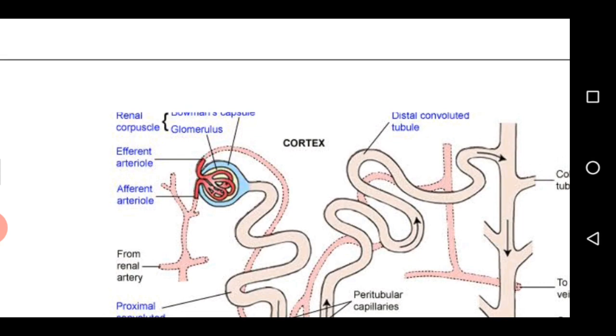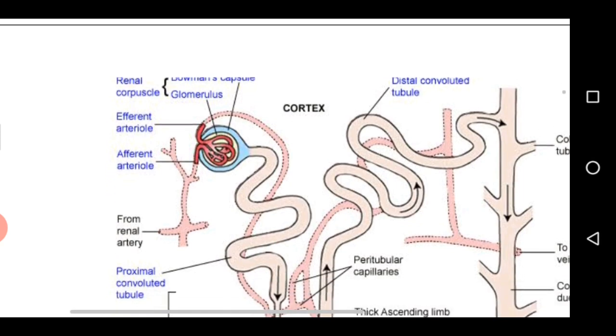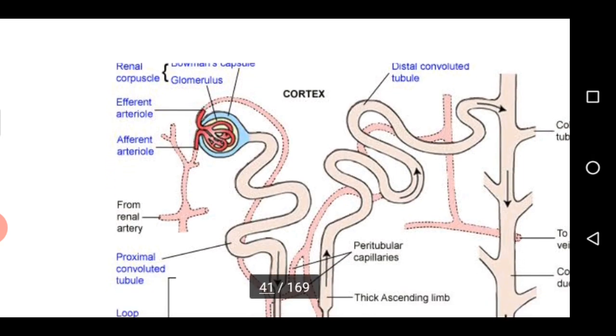It is the renal artery that supplies blood into the cup-like shape of the Bowman's capsule. Inside that cup there are blood capillaries, so the blood that is supplied into those capillaries by the renal artery, those blood capillaries are otherwise known as glomerulus. I hope you can see that in the diagram.